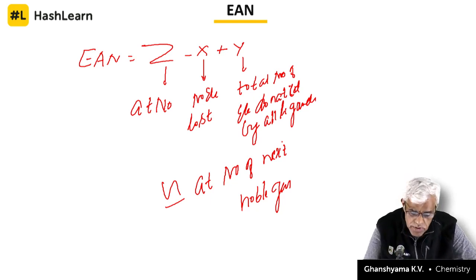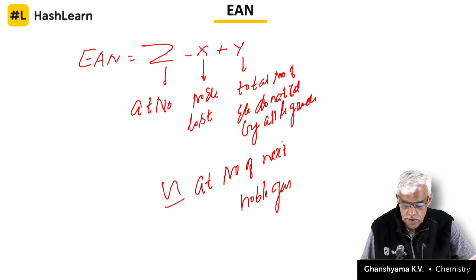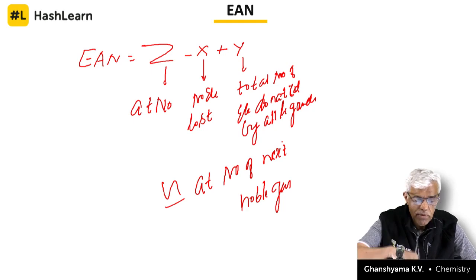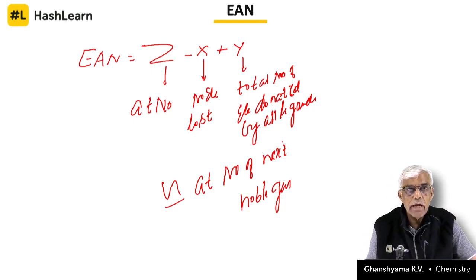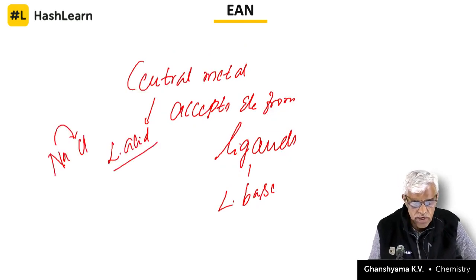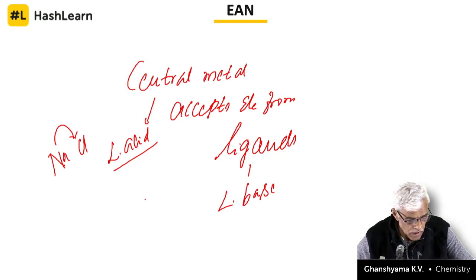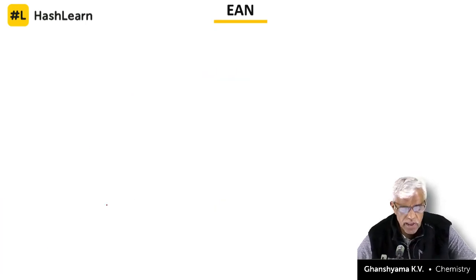They try to attain the atomic number of the next noble gas. That's why the metal accepts the electrons from the ligands. We shall try this with an example. Not just one example, a few examples.